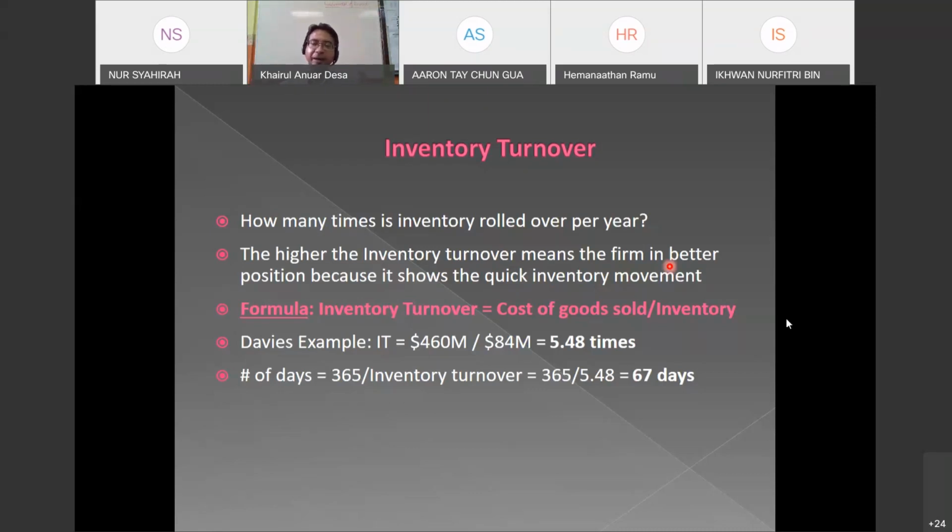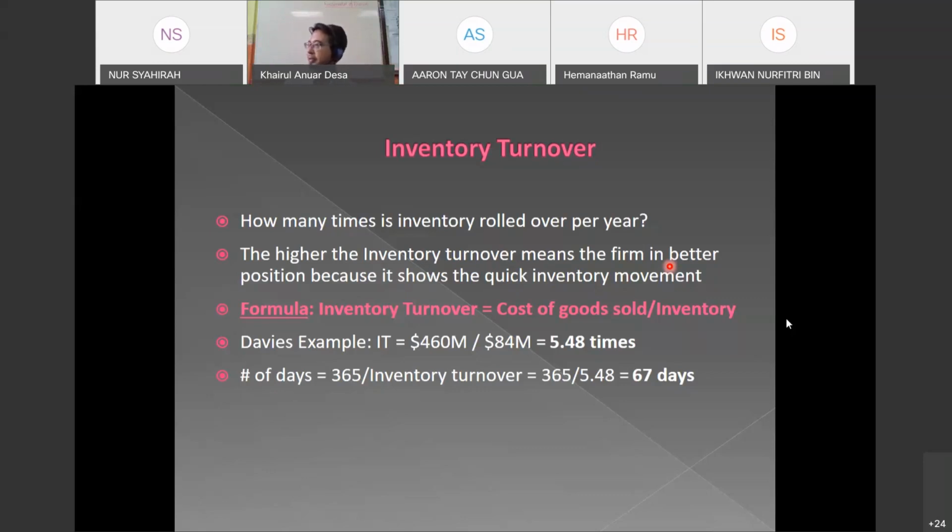Okay, inventory ini barang dagangan kita. Barang yang kita beli sebagai stok untuk kita jual kemudian ke pasaran. That is the simple meaning of inventory. Kita tak guna benda tu.